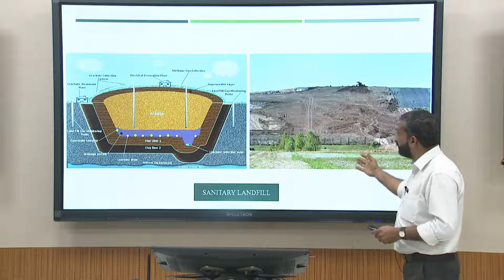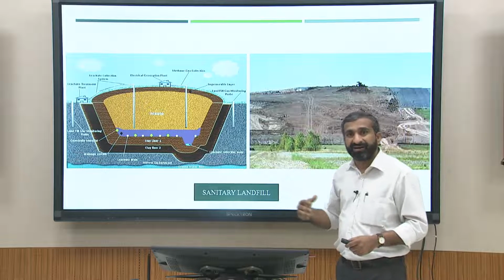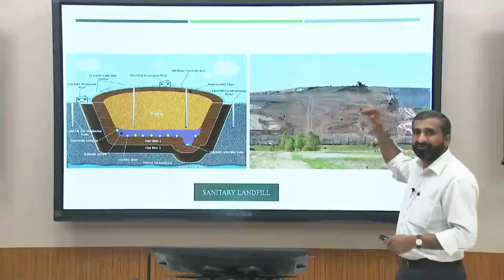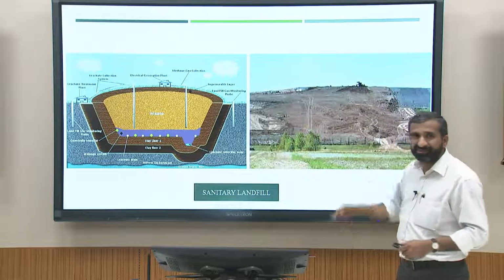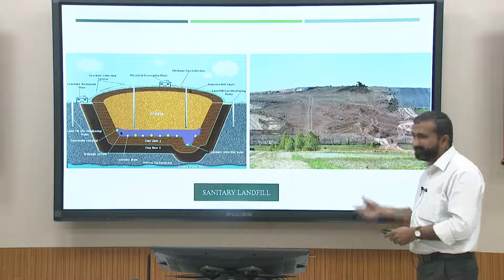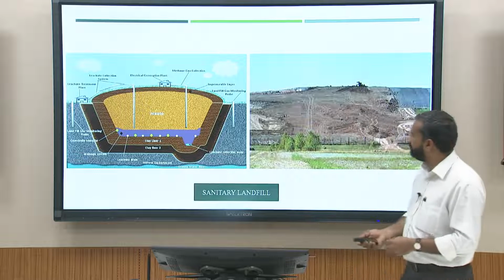And if you see the other photograph, once you go for a proper sanitary landfill and proper lining system, we will not see a solid waste disposal area. Once you close the entire dustbin and cover it with soil, this landfill will look like a proper hill area.